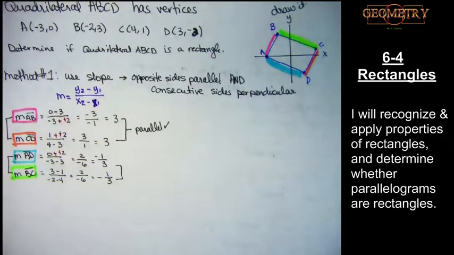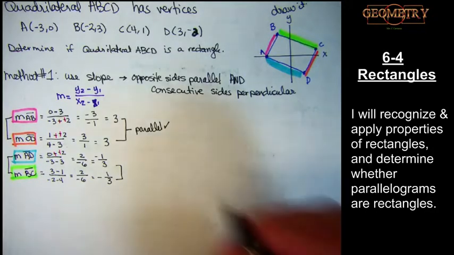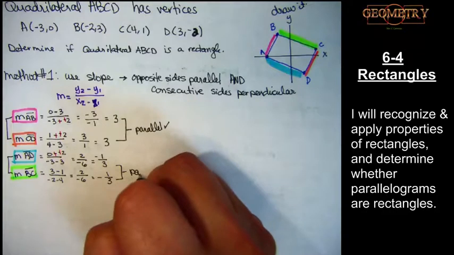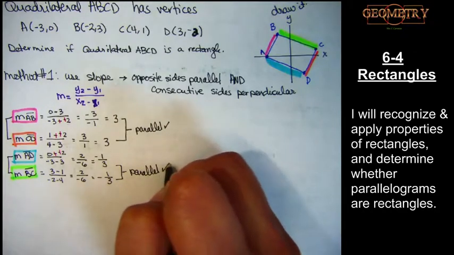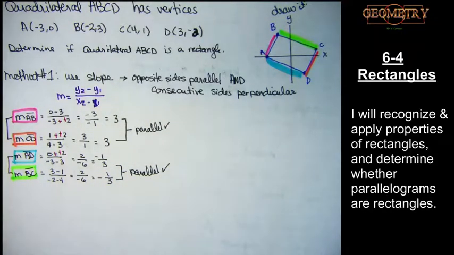Then we're checking those two slopes. Are they the same? Yep, so these are also parallel. So we've got the first condition: opposite sides are parallel. Awesome.